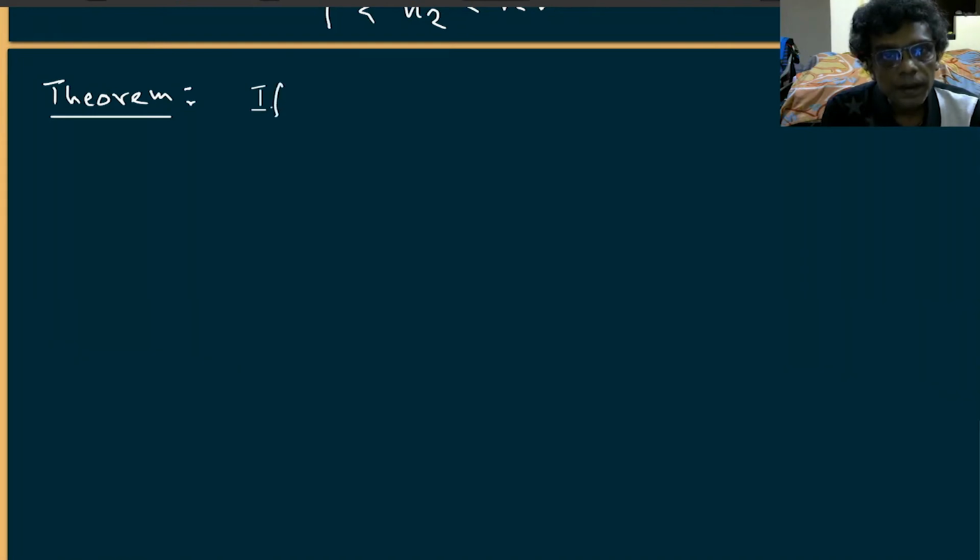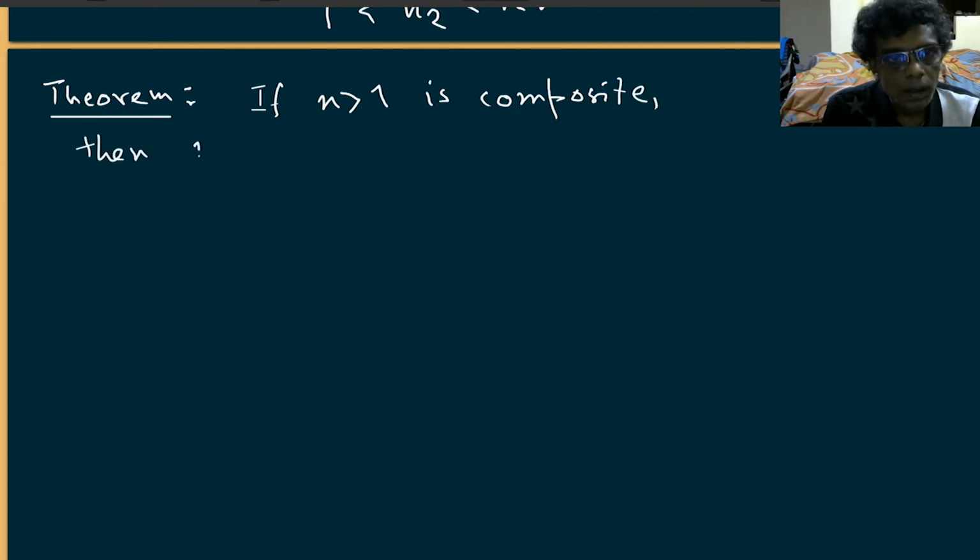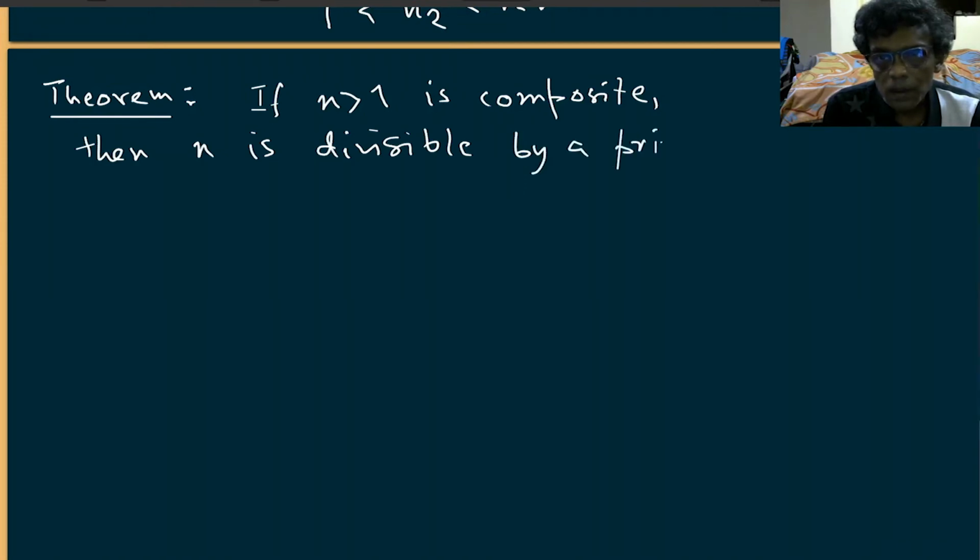If n greater than 1 is composite then n is divisible by a prime, call it p. Okay, so how do I prove this?